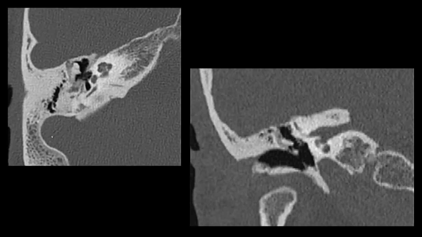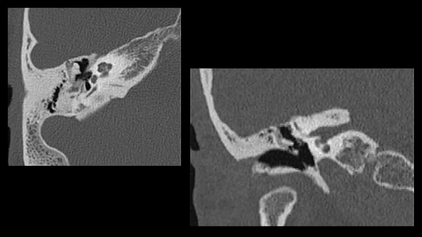In this case here, this is also axial and coronal CT images of the right temporal bone. And you can see this here is that ice cream cone, malleus and incus. And so in the lateral epitympanic recess, there's some soft tissue with associated amorphous calcifications.